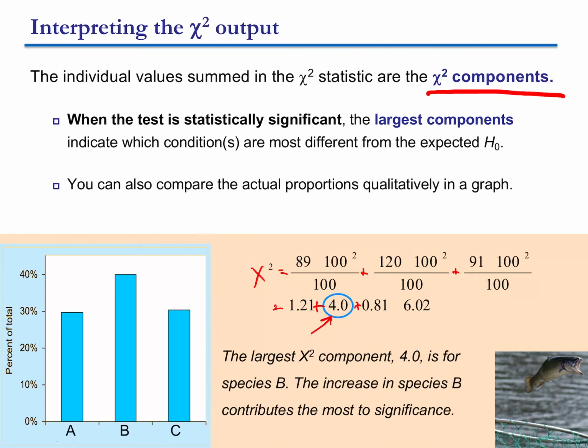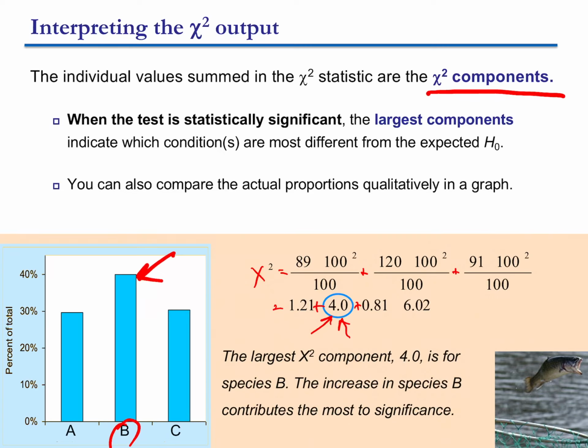We had the largest component or contribution of 4.0, and we said that was for species B. If you plot on a bar chart the percent of total for each of these, you see that species B makes up almost 40% of that sample, whereas A and C are around 30%. And if we are expecting each of them to be 1/3 or 33%, then species B is the one that deviates most from that expectation.